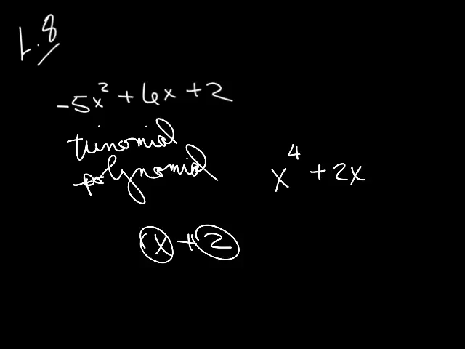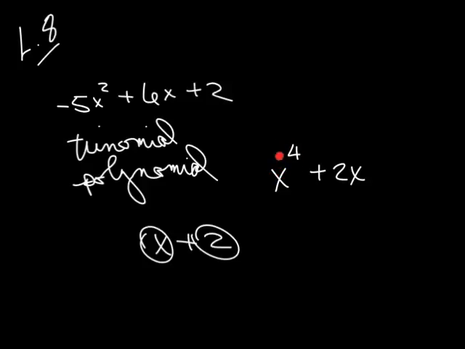All right, if we're talking about the degree of a polynomial, we look at the highest degree of the terms. The degree has to do with the exponent on the term.